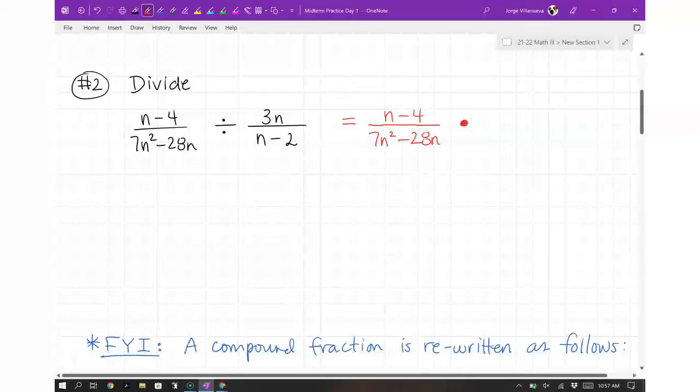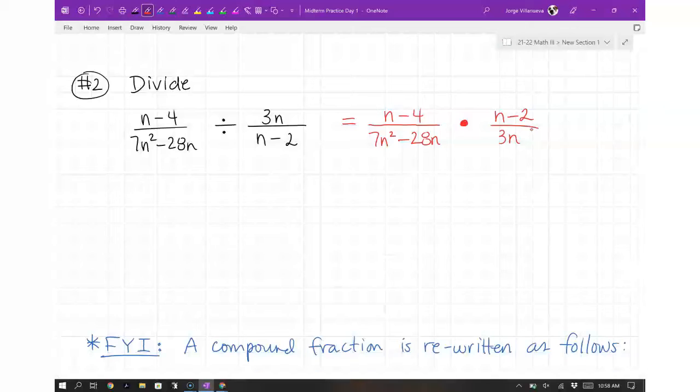Okay, and then you flip the second fraction. So n minus 2 and 3n. So that's your very first step, is to rewrite it as a multiplication problem. Again, this is why I'm not going to do any multiplication problems for practice, because we're going to do it here, right? So division becomes multiplication, and then it's basically just a multiplication problem from now on.